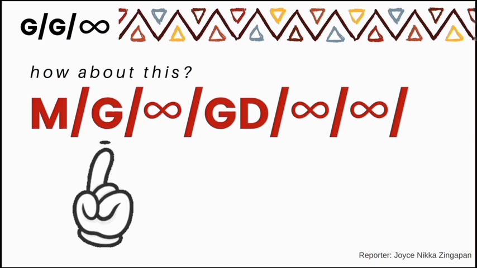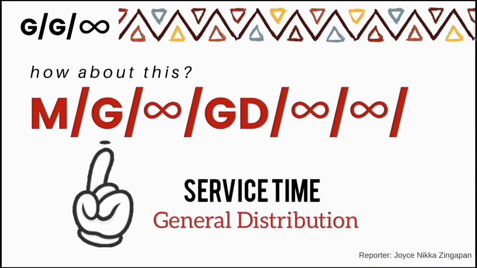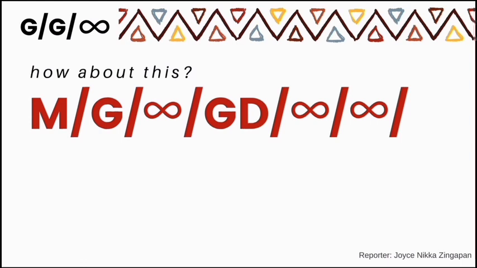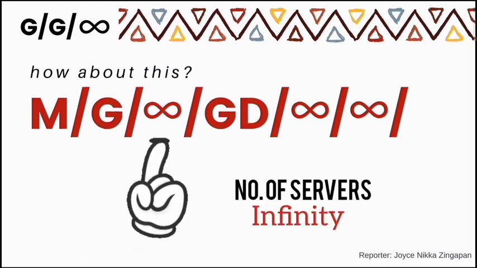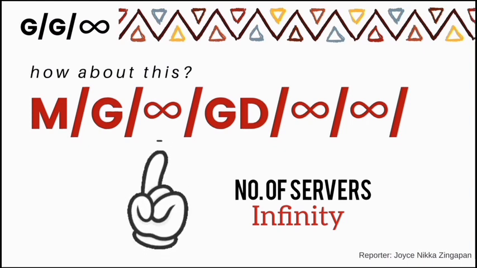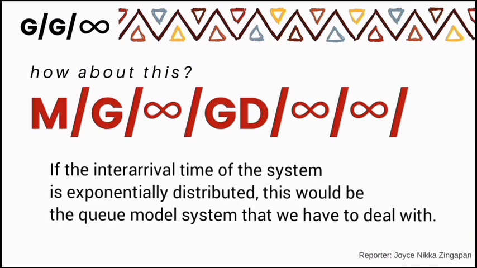For the second element, the service time, it is generally distributed. And for the third element, the number of servers is infinite, meaning there is no limitation on the number of servers in the system. So if the inter-arrival time of the system is exponentially distributed, this would be the queue model system that we have to deal with.